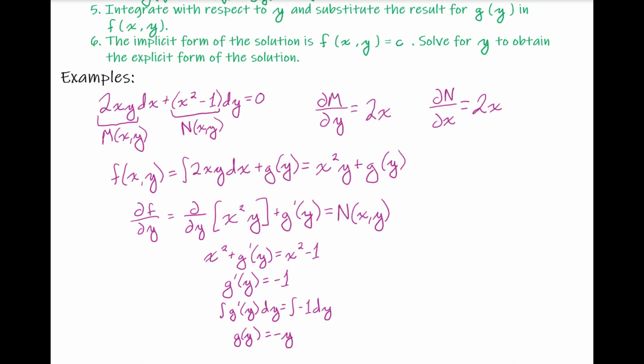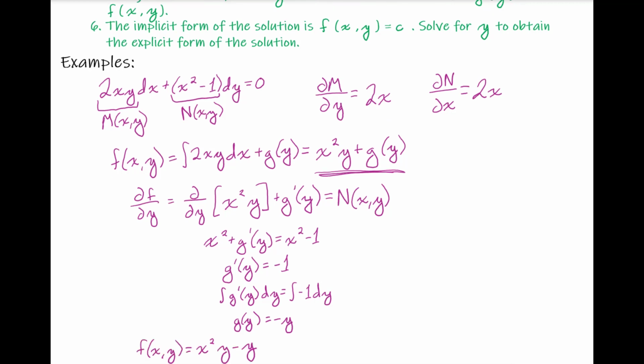This will give me that g of y equals -y. Now, I need to substitute -y in for g of y in my f of x,y equation that I had up here. Doing that substitution, I get f of x,y equals x squared y minus y.